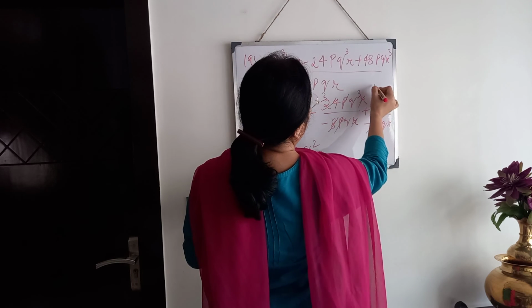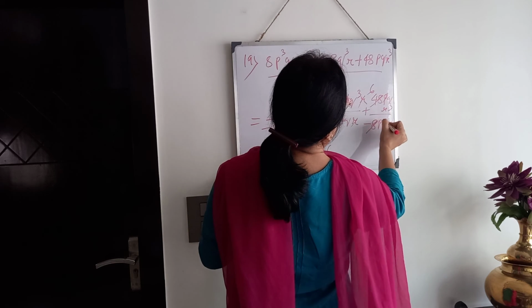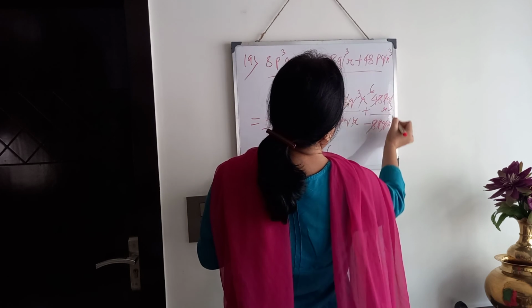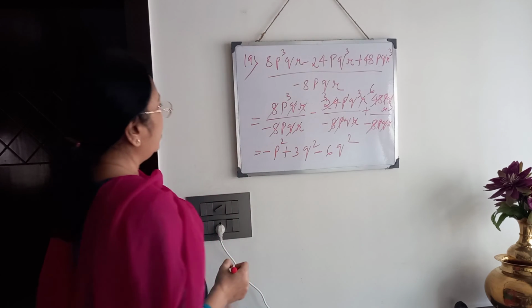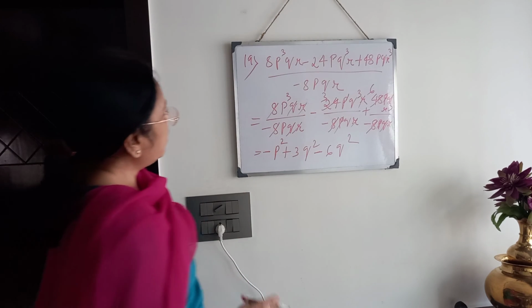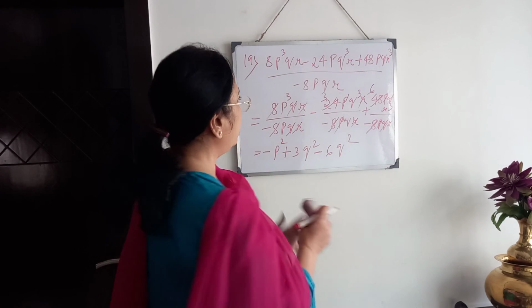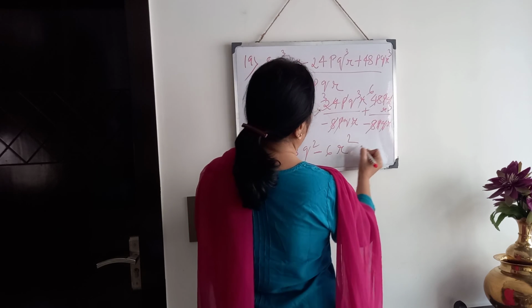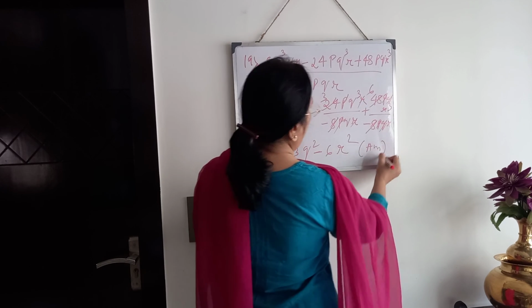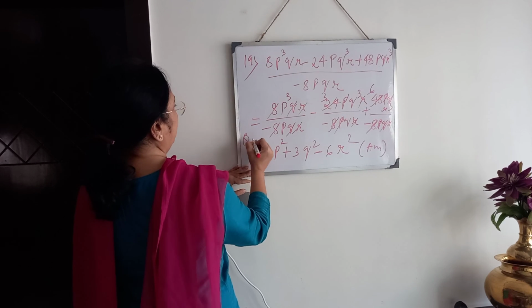Now 8 6s are 48. Then P cancel out, Q cancel out. R 3 minus 1 means R square. So your answer is minus P square plus 3Q square. Sorry, this will be R. Minus 6R square. Last term R. What is this? This is your quotient.